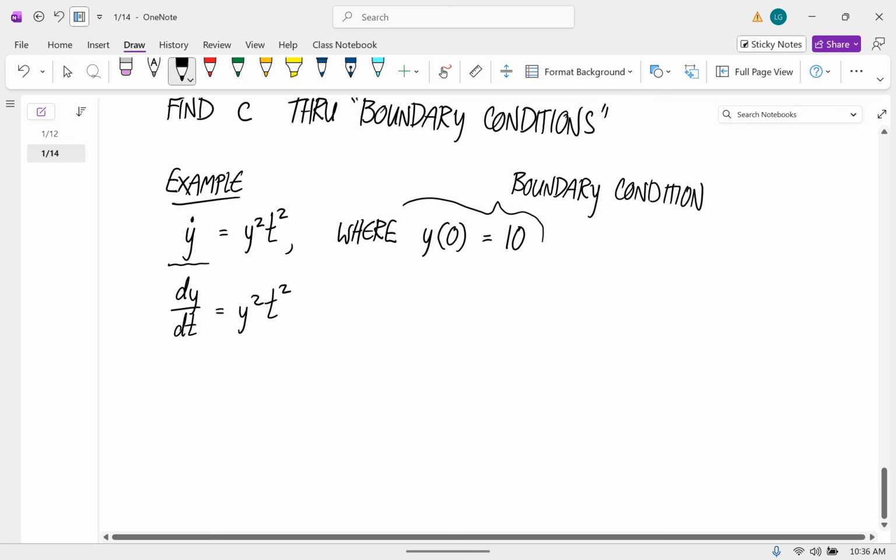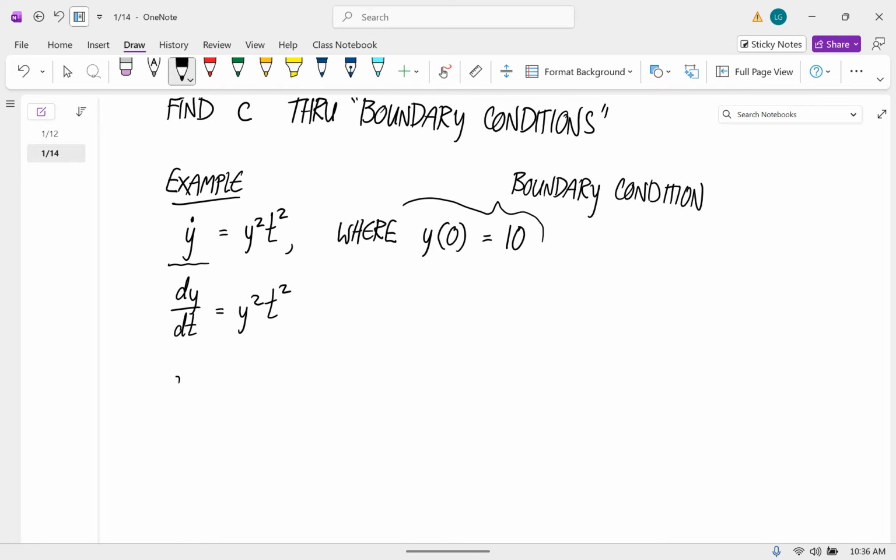And now I'm going to move all the y things over to the left and all the t things over to the right. So we have dy times y to the minus 2 is equal to t squared dt.